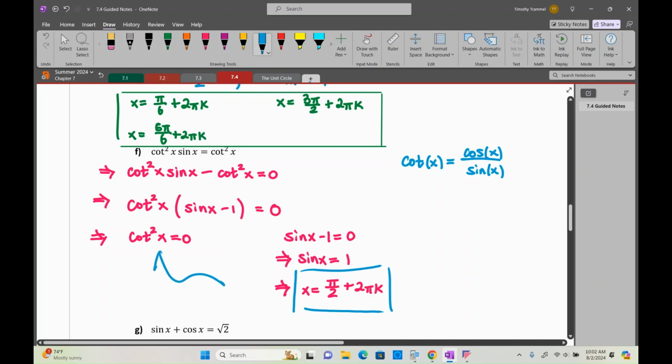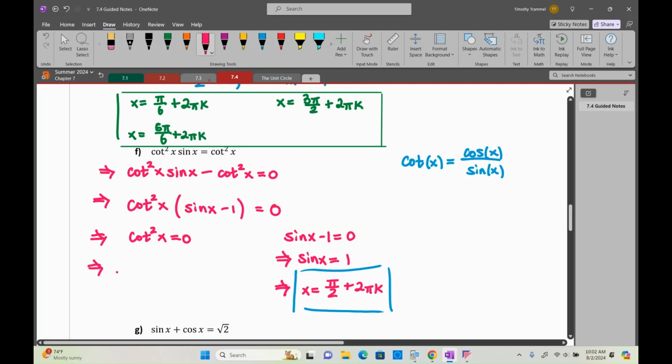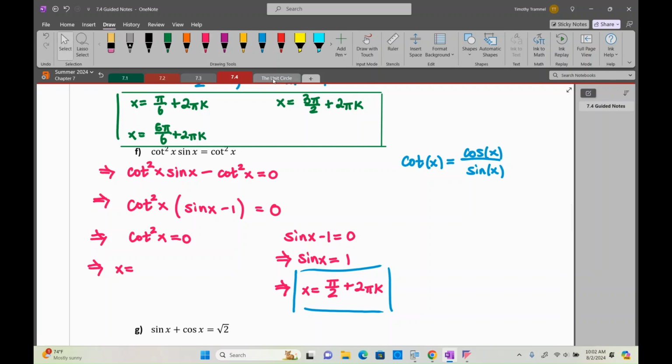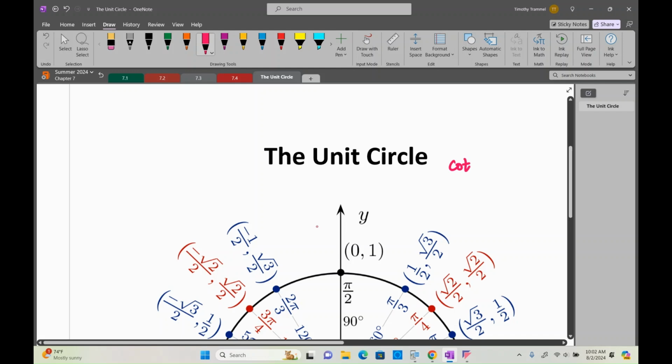So next, we need to find where cotangent of x is equal to 0. Let's go ahead and do that. Remember, on the unit circle, I'm going to use theta here instead of x, but cotangent of theta is x over y.